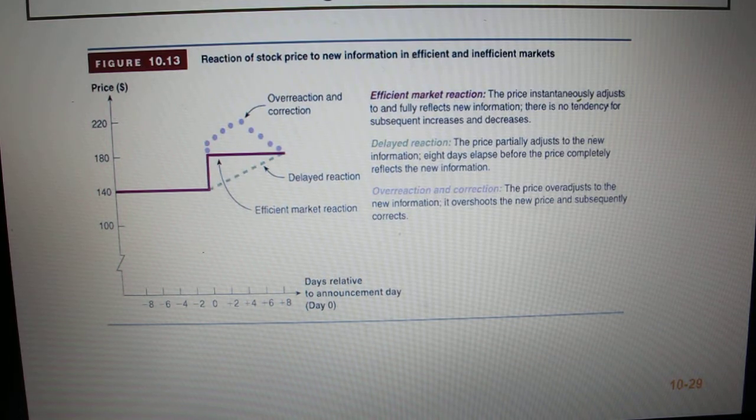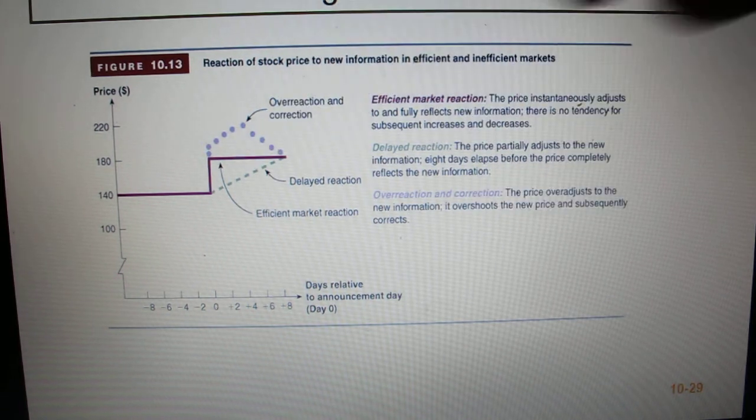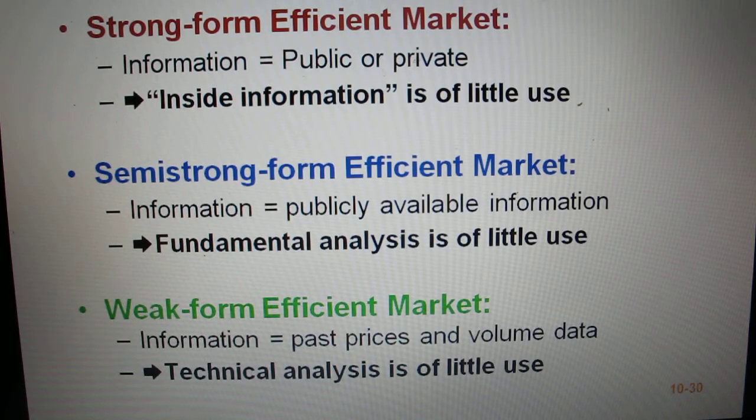So this next chart gets into a reaction of stock prices to new information. In a truly efficient market, stock prices would react immediately and sharply to new information, settling into a new equilibrium price. And this is shown by the solid line on this chart. The dotted line shows an over or under reaction to the news. There are several forms of market efficiency. The first is strong form efficiency, and here all information, both public and private, is factored in.